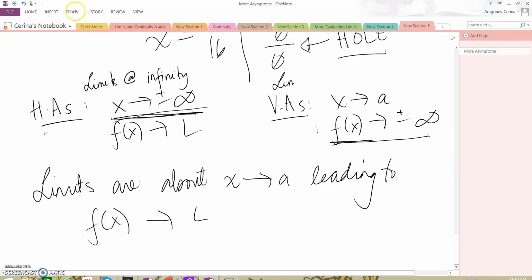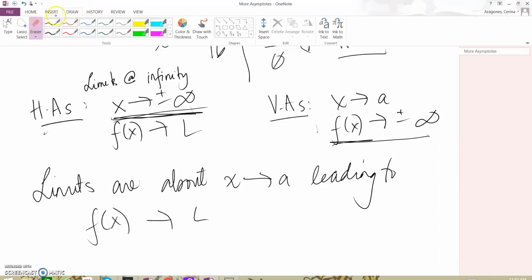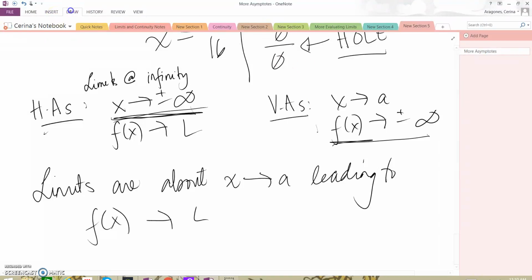So essentially we're looking at what x value makes our f of x become infinity. So there's a difference, your limits at infinity versus your infinite limits. And they're related to horizontal asymptotes and vertical asymptotes.